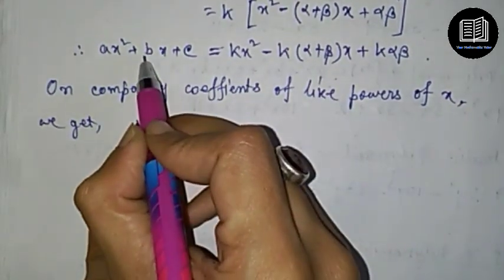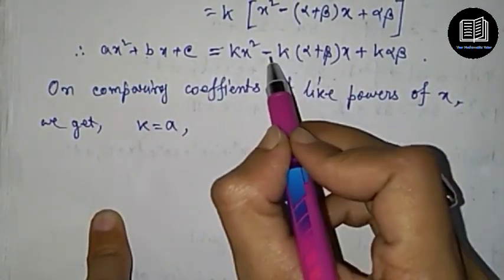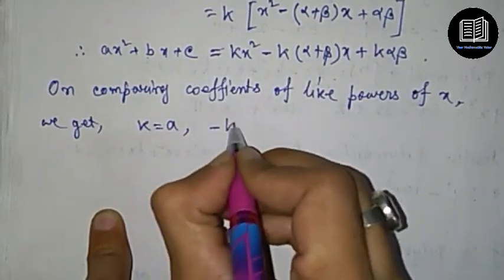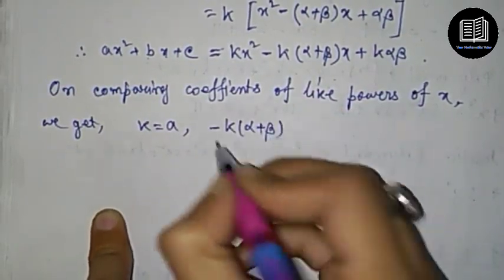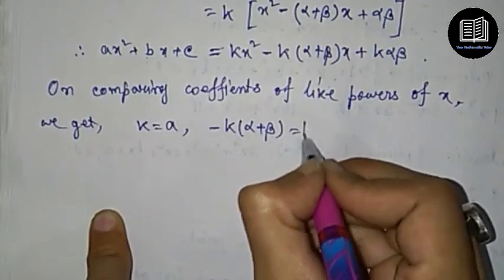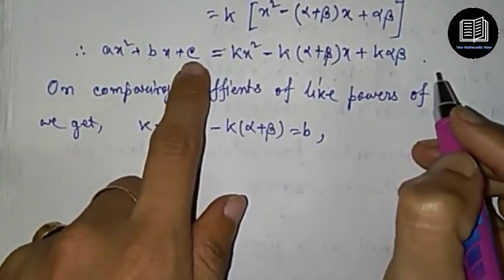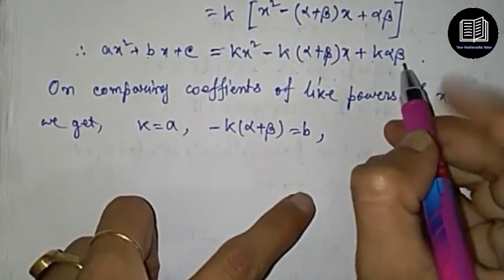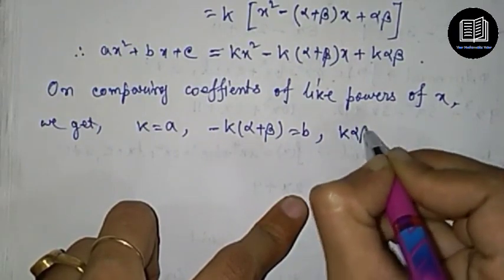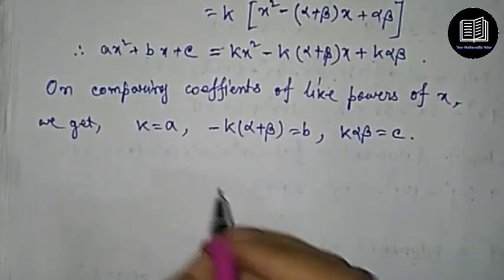Here the coefficient of x is b, here the coefficient of x is minus k into (alpha plus beta), that is minus k into (alpha plus beta) equals b. And here the constant term is c, here the constant term is k alpha beta, that means k alpha beta equals c.